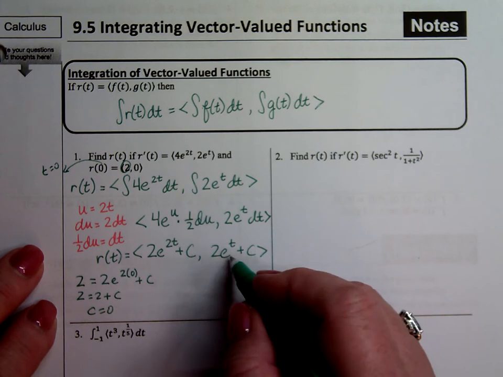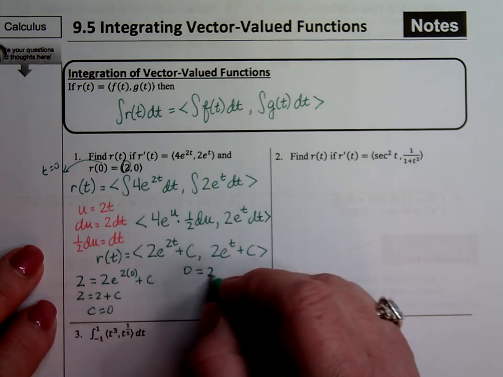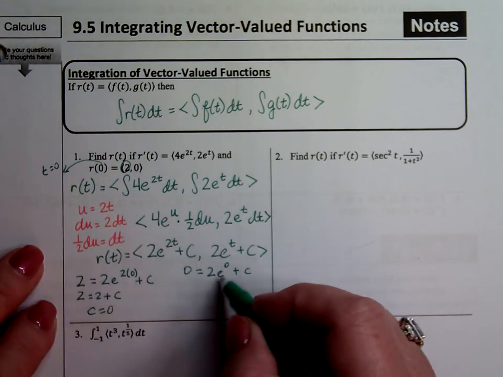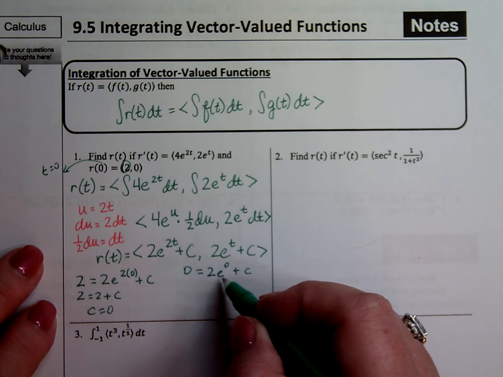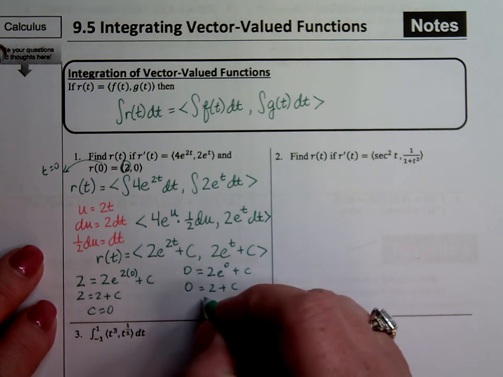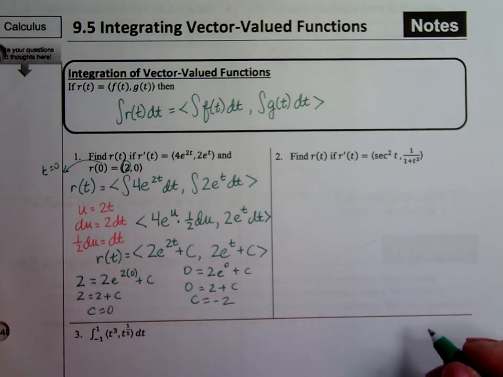I'm going to do the same thing over here. My y component is 0. 0 equals 2e, my t value is 0, plus c. E to the 0 is 1. 1 times 2 is 2. 0 equals 2 plus c, so c is a negative 2. Now with that information, I can put my vector together of what r of t actually is.